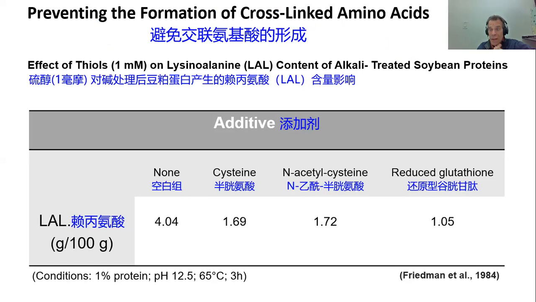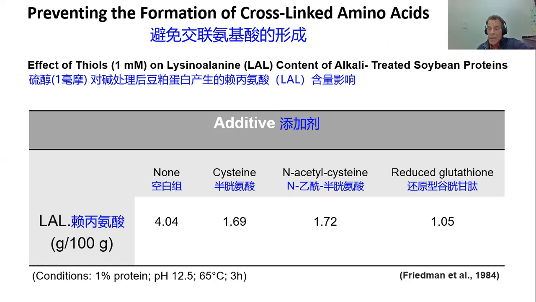You can actually prevent the formation of cross-links by adding material that will react with the amino acids not within the protein. So the cross-link amino acid will be created, but it will not be created within the protein. The amino acid will get damaged, but it will not create these cross-links within the protein.